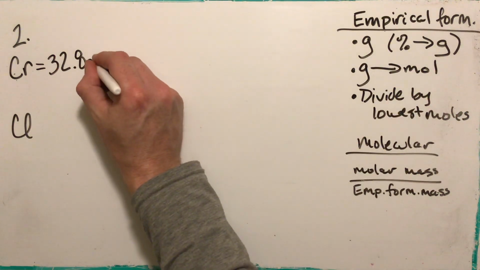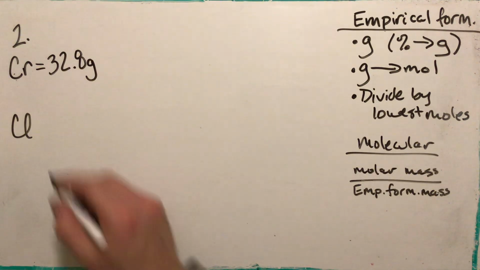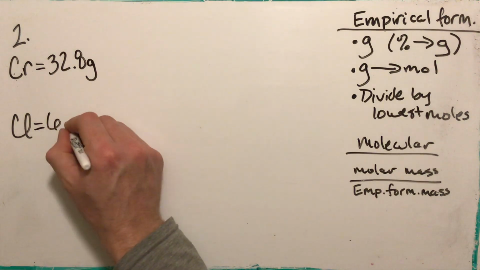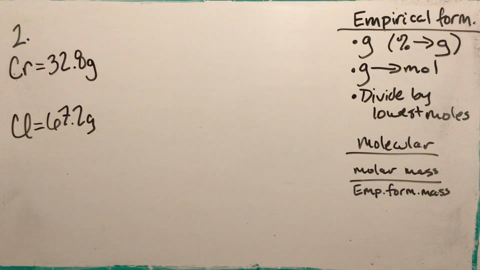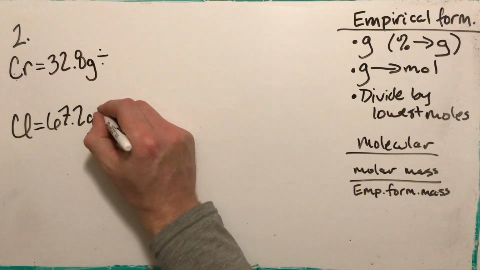So instead of percent, it's grams, right? Same with chlorine. Chlorine was 67.2, and that was a percent, so I changed the percent to the grams.